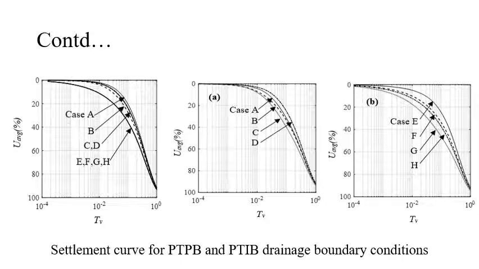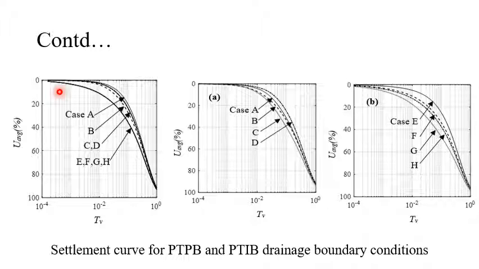This slide represents the settlement curves: figure 1 represents PTPB, and these two figures represent the settlement curves for the PTIB boundary condition. For the PTPB condition, we can observe that if we shift the curves based on the x-axis, they give the same settlement curve for all the cases.